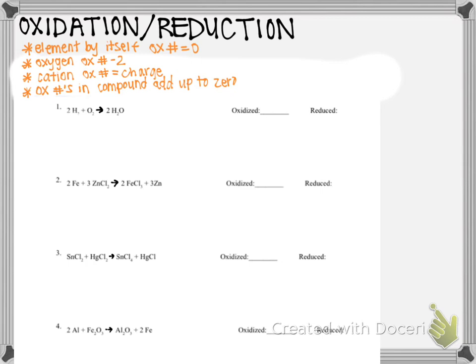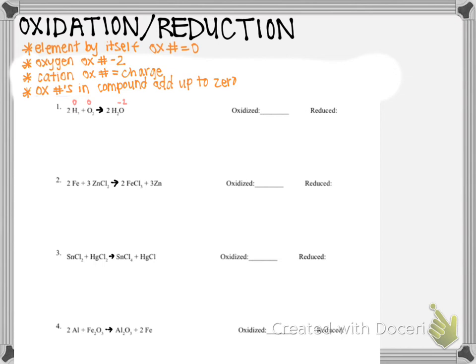So if we look at number 1, any element by itself, oxidation number is 0. So H2, it's not bonded to any other element. It's by itself, so it's 0. Same with O2. Next rule is oxygen is always -2. And a cation is always its charge.